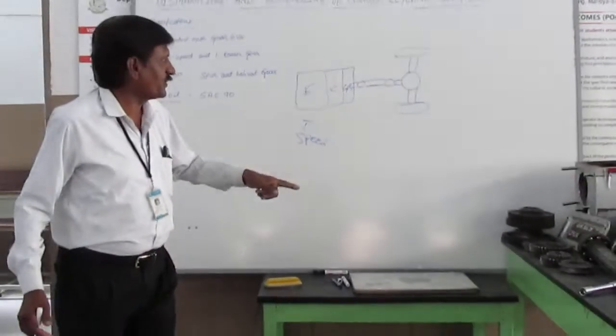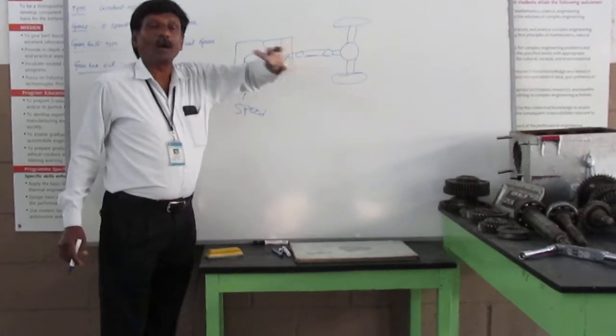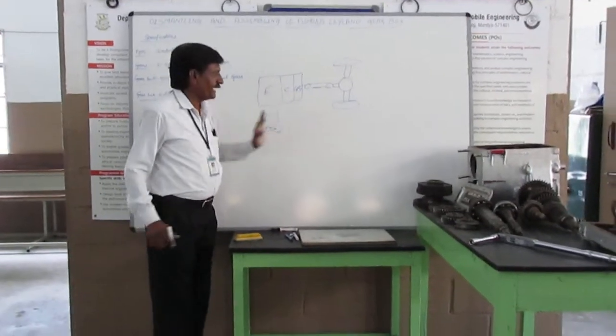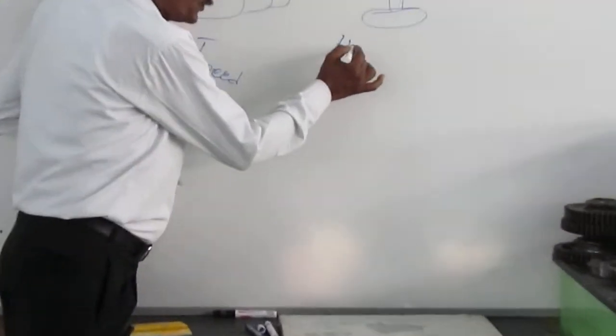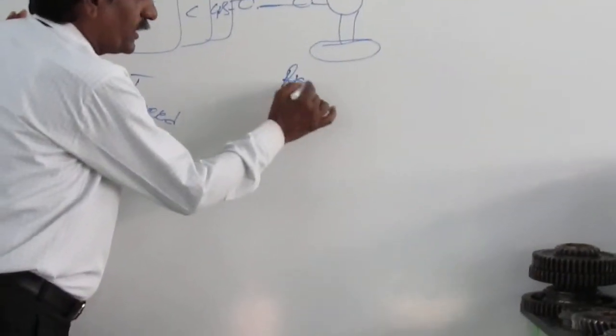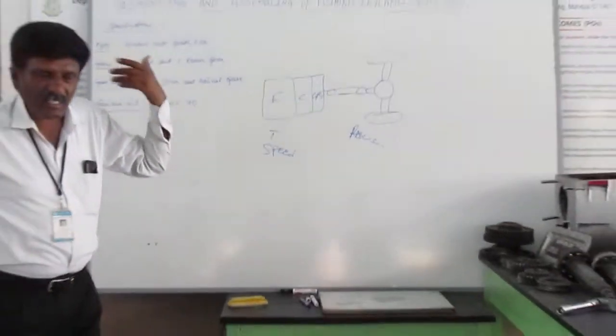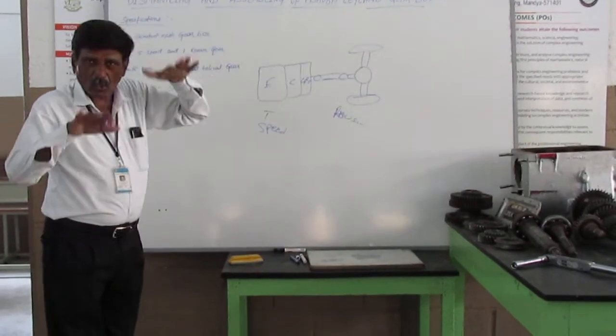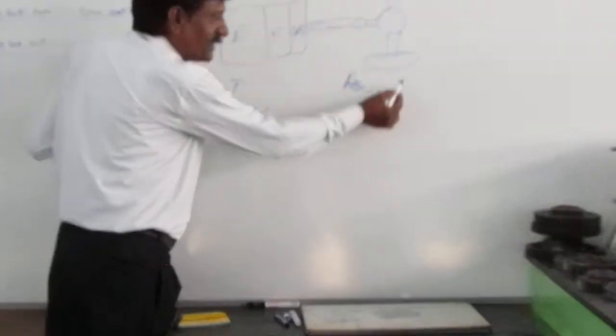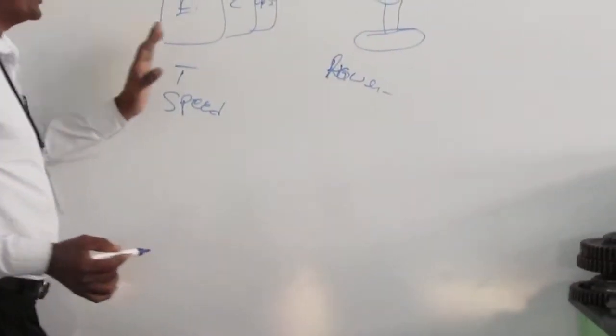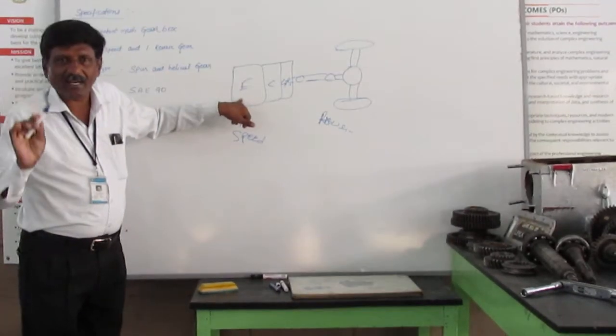But in the case of an actual vehicle, the requirement is different. For starting, that is at low speed, it needs high torque and low speed, and at higher speed it needs high speed and low torque. To match the requirement of the vehicle, it is not possible through the accelerator alone.